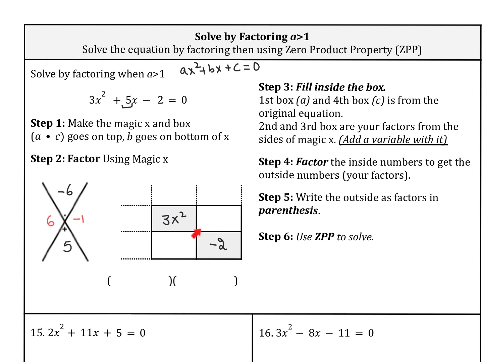Now these two diagonal spaces are going to be filled with the numbers that you just found. These numbers can go in any order. 6 can go here and negative 1 can go here, or negative 1 can go here and 6 can go here, in any order. So right now I'm going to use 6x here and negative 1x here.